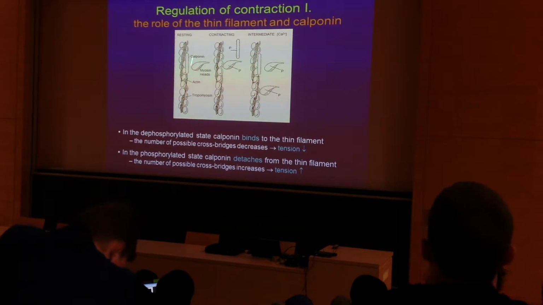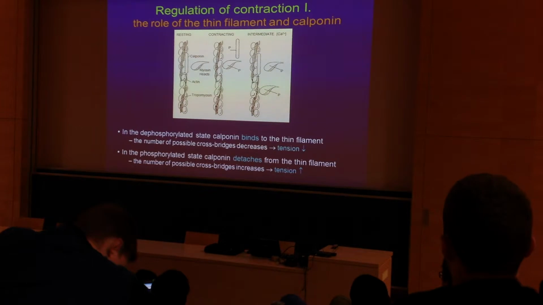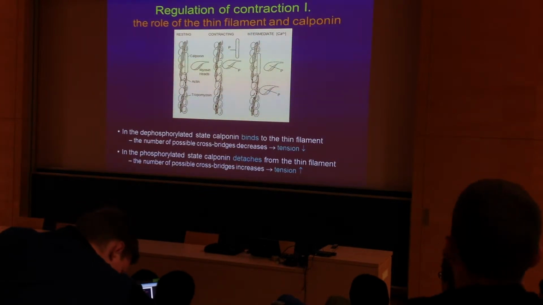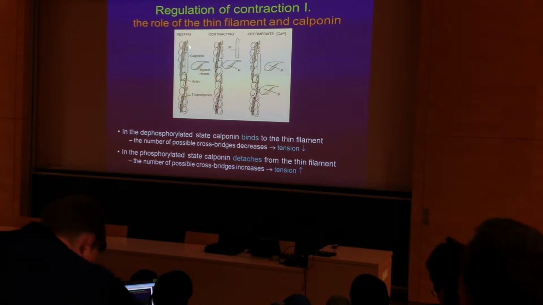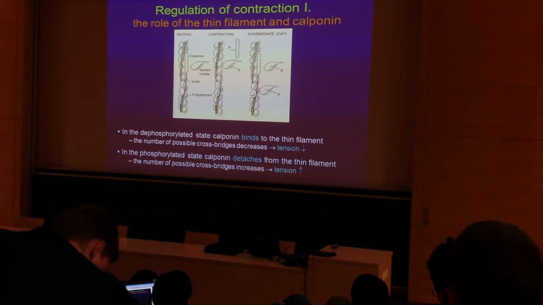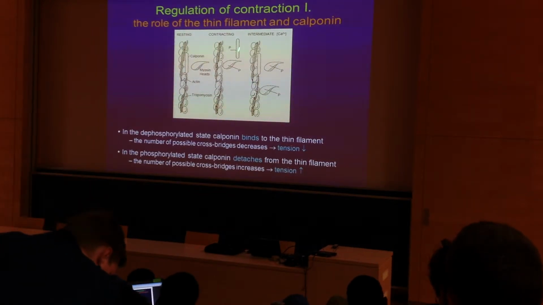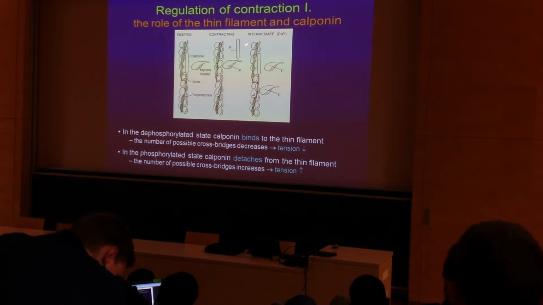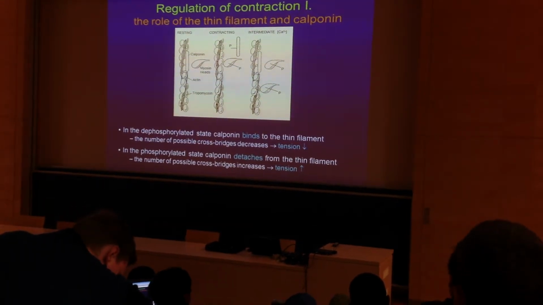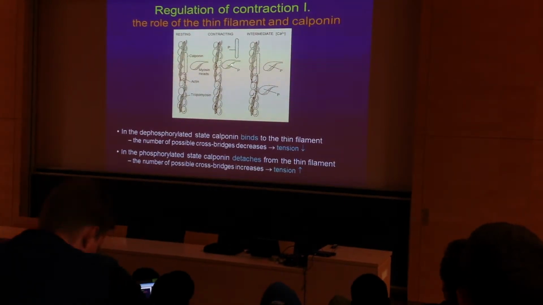So the binding of calcitonin to the thin filament depends on its state of phosphorylation. If calcitonin is not phosphorylated, it binds to the thin filament and prevents myosin heads from binding. If calcitonin is phosphorylated, then it dissociates from the thin filaments and myosin heads can bind.